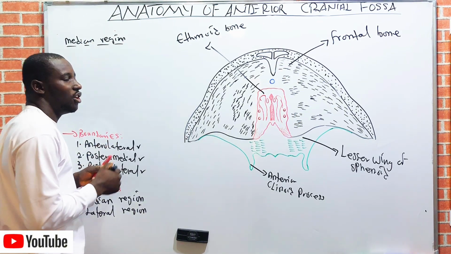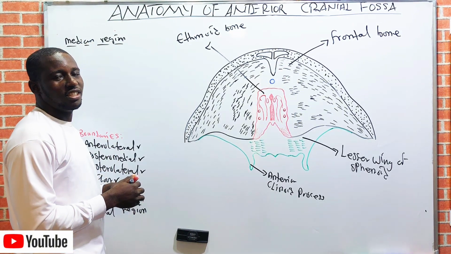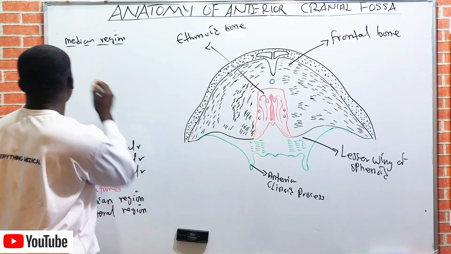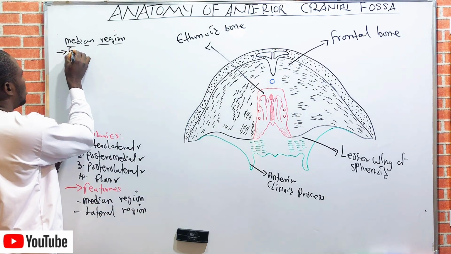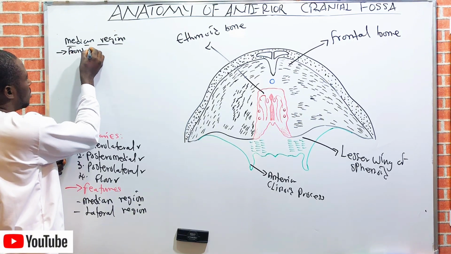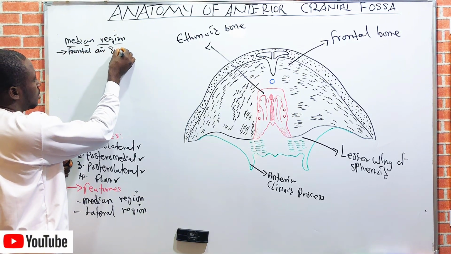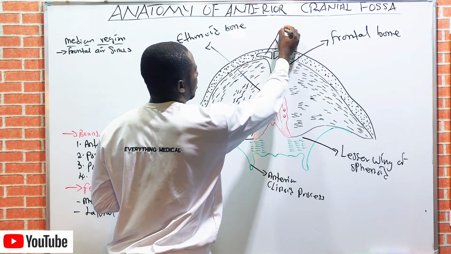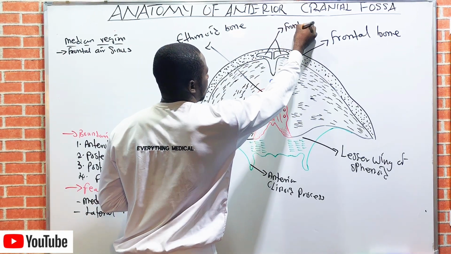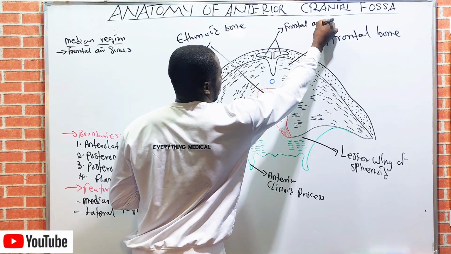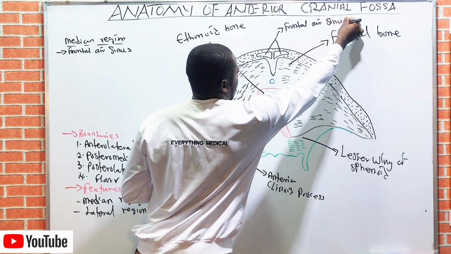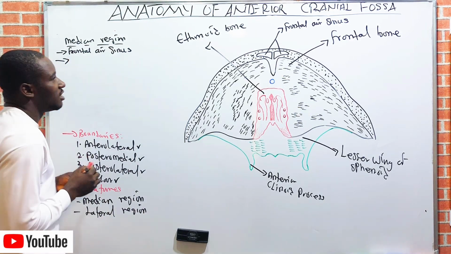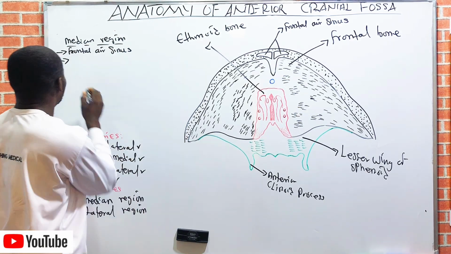The first feature on the median region is the frontal air sinuses. As you can see here, this is the frontal air sinuses. Another one is the frontal crest.